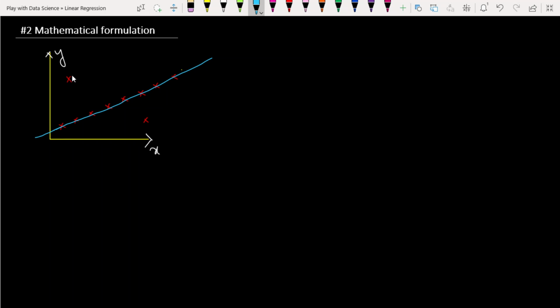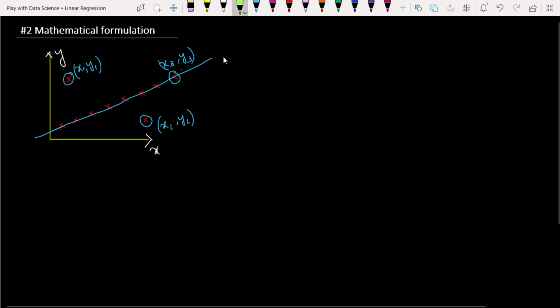We call this data point x1, y1, this data point x2, y2, and this data point x3, y3. The best fit plane of this data we call the pi plane, or pi line here.